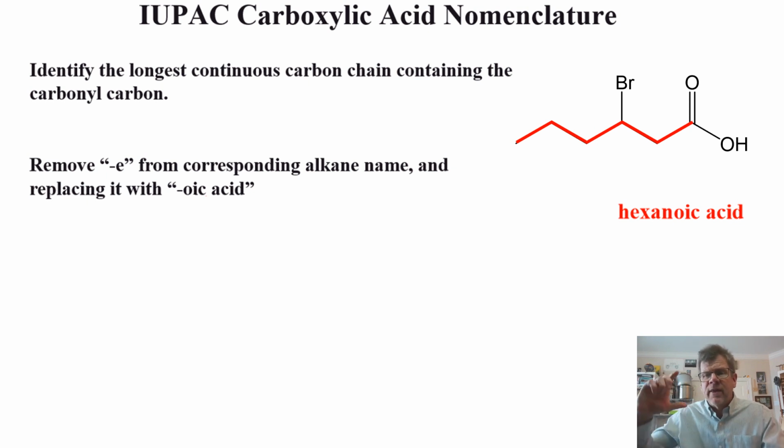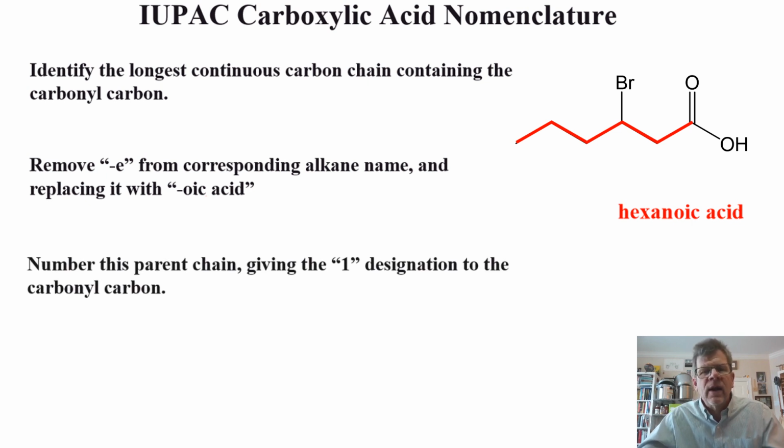That aldehyde carbonyl had to, by structural definition, exist on an end carbon. Same with a carboxylic acid. So we're going to have to number this parent chain now, giving that one designation to the carbonyl carbon, but not mentioning it in the name, because it's always one and thus redundant.